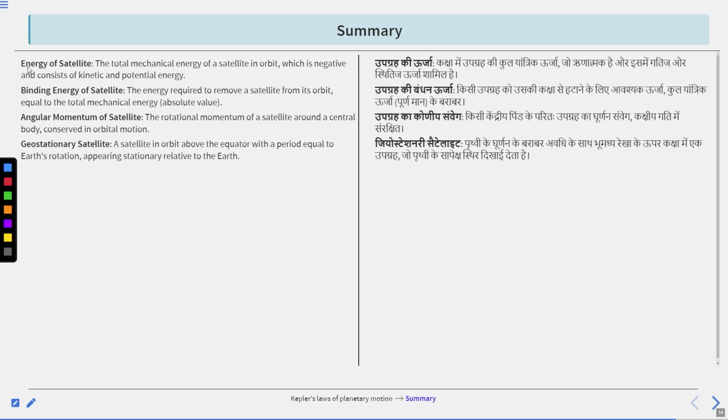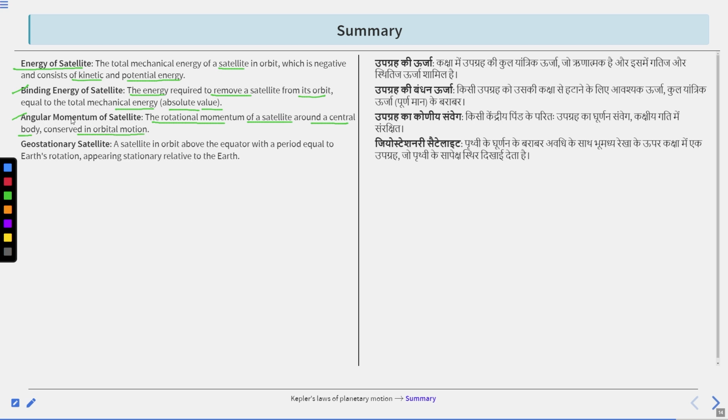Next is energy of satellites. The total mechanical energy of a satellite in orbit, which is negative and consists of kinetic energy and potential energy. Clear? Next is binding energy of satellite, the energy required to remove the satellite from its orbit, equal to the absolute value of total mechanical energy. Clear? Next is angular momentum of satellite, the rotational momentum of a satellite around a central body, conserved in orbital motion.